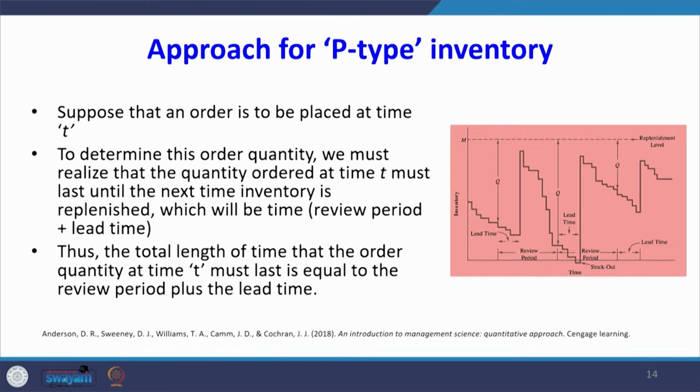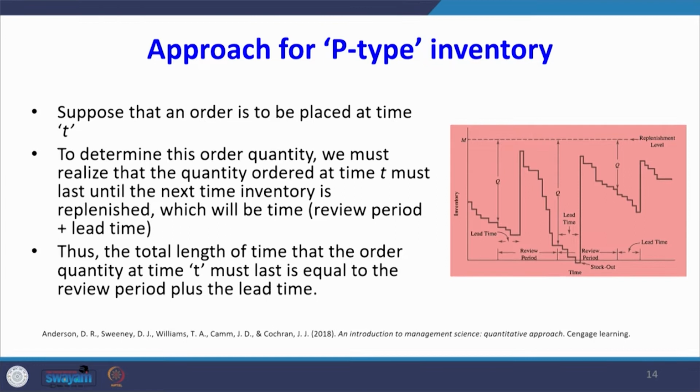Suppose that an order is to be placed at time t. To determine this order quantity, we must realize that the quantity ordered at time t must last until the next time inventory is replenished, which will be the review period plus the lead time.